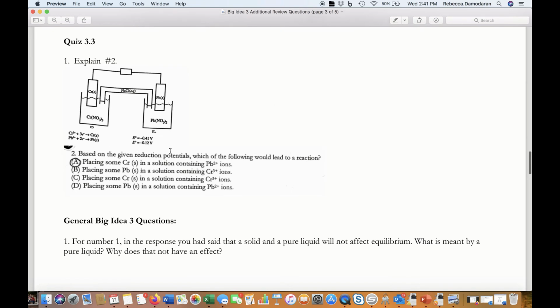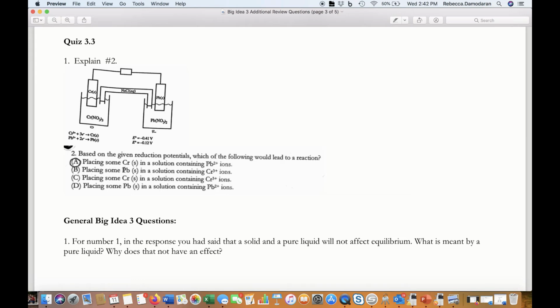Okay, question from 3.3, so number 2, please explain it. So for here, I'm given my cell potentials, and so I know that the only way that I'm going to get a thermodynamically favorable reaction or a cell potential that's positive is if I take chromium and I flip it, because that would give me a positive 0.41 volts for my cell potential. So chromium, if it reacts with Pb2+, it will actually have a reaction occur.